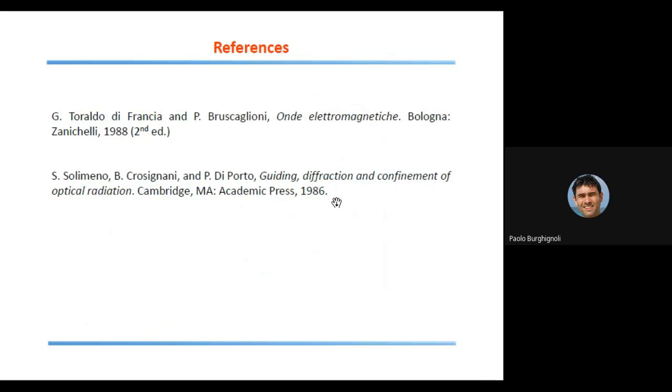This is a quite advanced book on optics, but it contains a wealth of information which I have used for collecting these slides. I think that's everything for today. Next week we will talk about the asymptotic approximation of integrals.